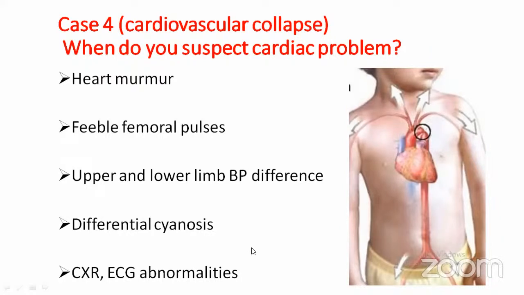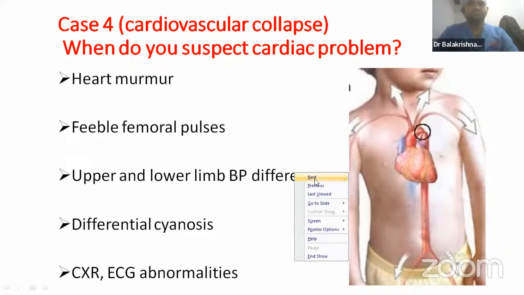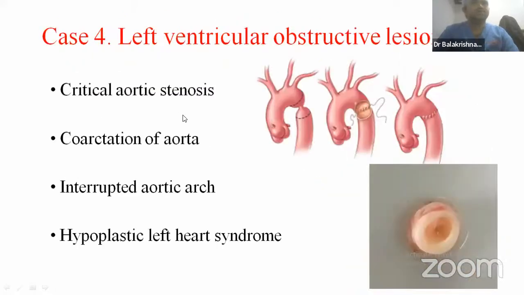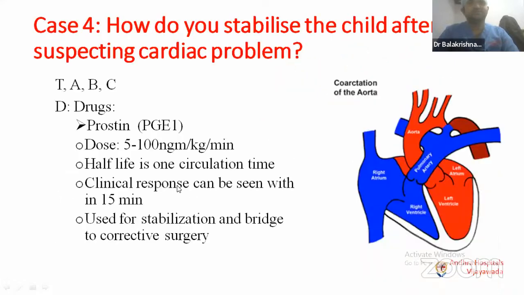So coarctation of aorta, hypoplastic left heart syndrome, interrupted aortic arch also can be a possibility. So critical aortic stenosis, coarctation of aorta, interrupted aortic arch, hypoplastic left heart syndrome.